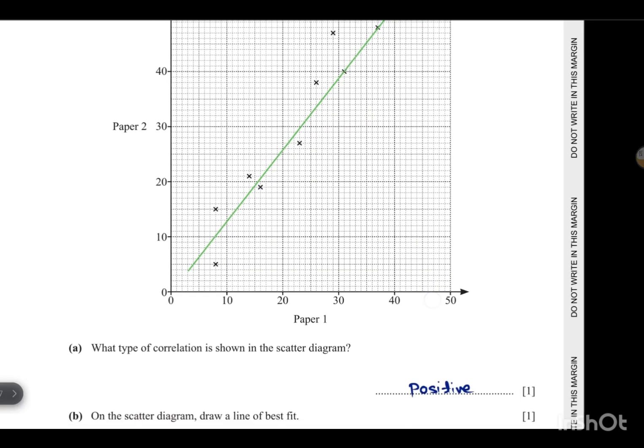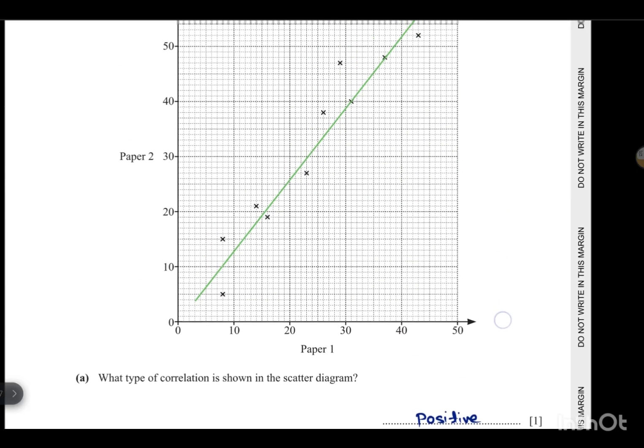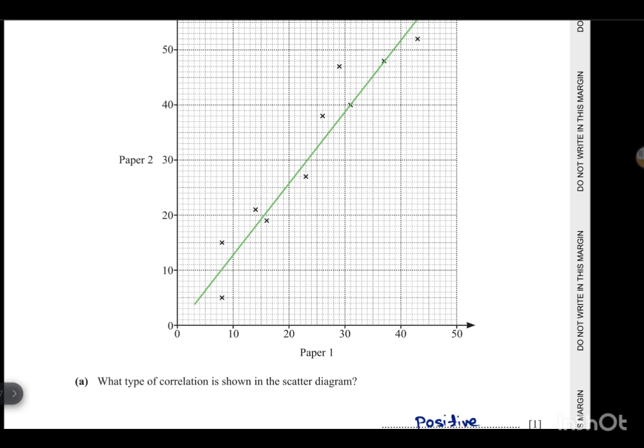Okay, now next question C. Another student scores 35 on paper 1. Use your line of best fit to find an estimate for their score on paper 2. So the paper 1 score is given to us. Using this we have to find out what will be the score of paper 2 according to the line of best fit. So where is 35 on paper 1?